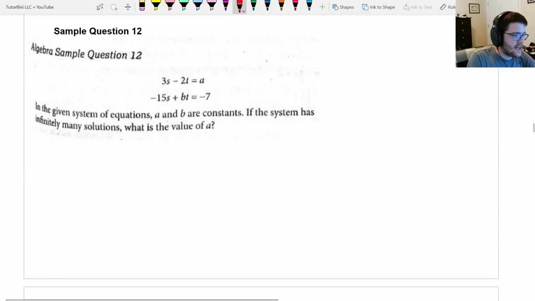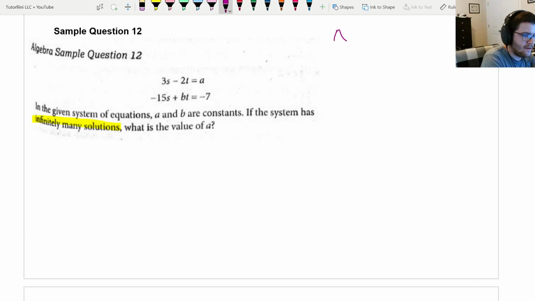Okay, so this is actually a lot more like what you'd probably see on the test. So it says it has infinitely many solutions, and it's in standard form. If you watch my Ottocento video, I talk about how this tells you that A over D equals B over E, which is equal to C over F. So we can circle all the coefficients.